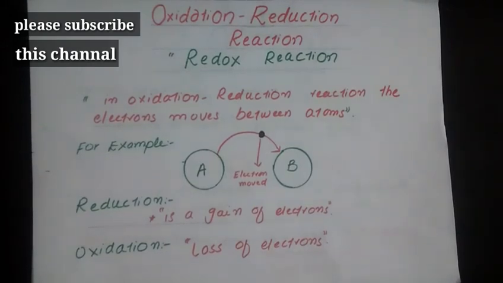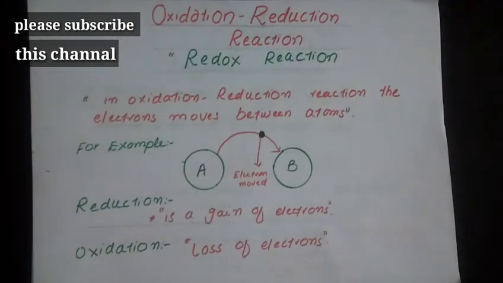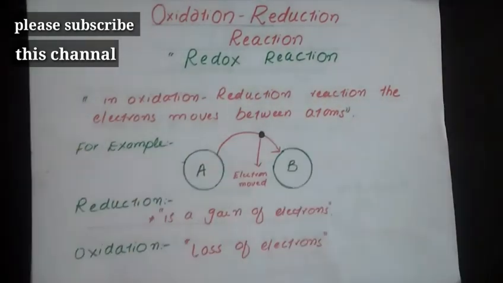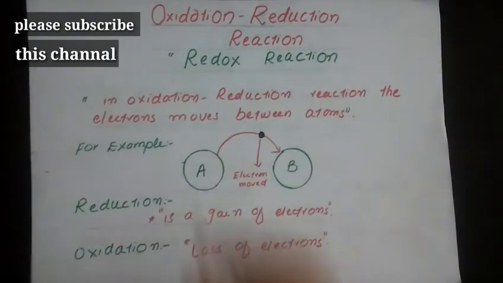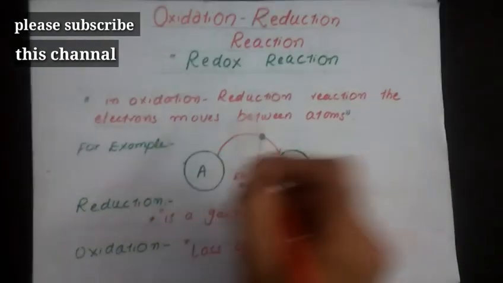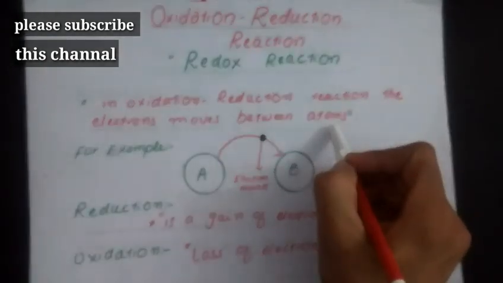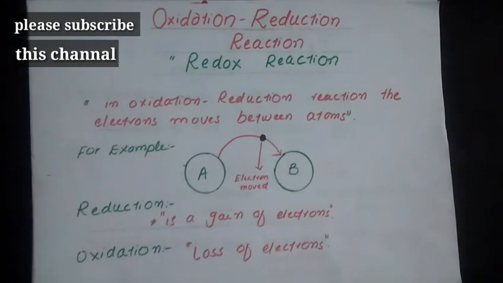So today we are going to learn what is oxidation reduction reaction, or redox reaction, right? So let's start. In an oxidation reduction reaction, the electron moves between atoms, right? Now you can understand it from this diagram.